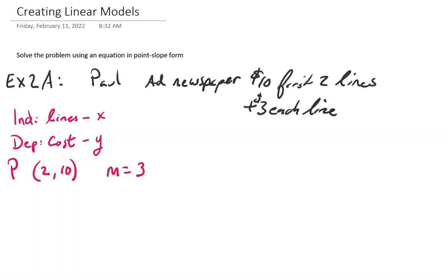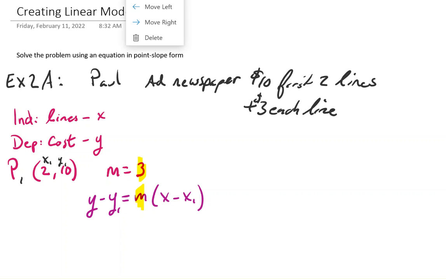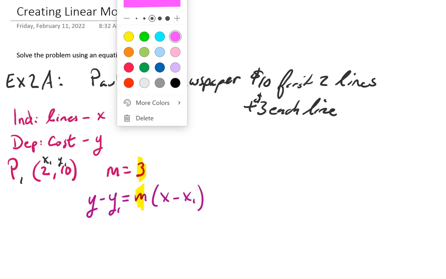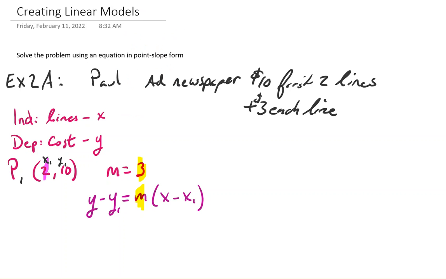So as we already know, if we have only one point, then we have x1 and y1. We have our slope, so we are allowed to use our point slope form, which is y minus y1 equals m times x minus x1, where we're going to plug in our slope, and we're going to plug in our x's along with our y's.